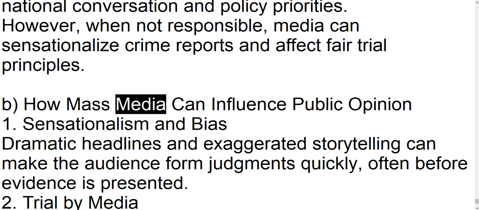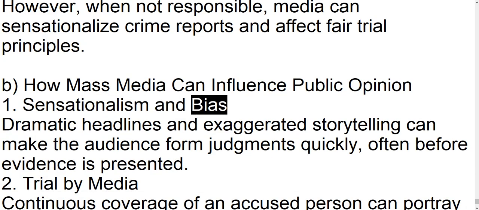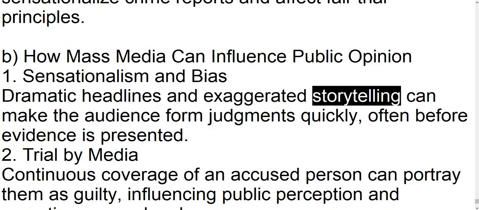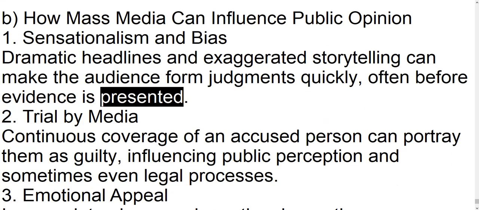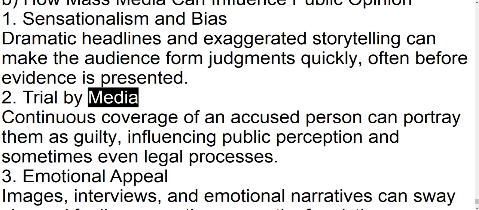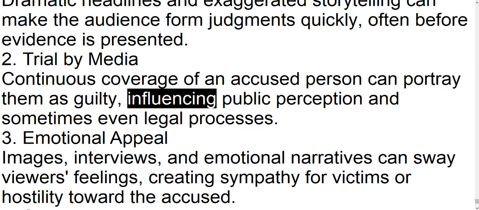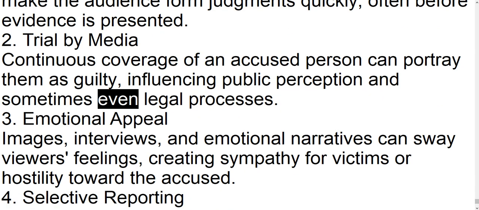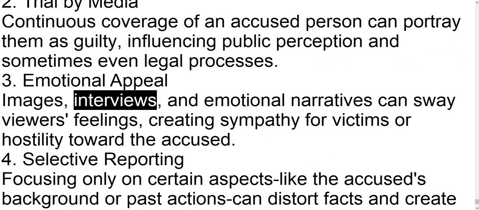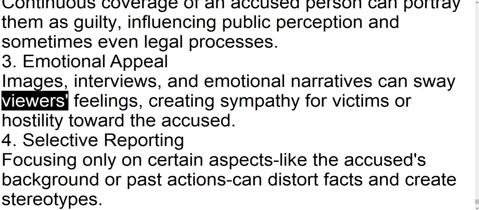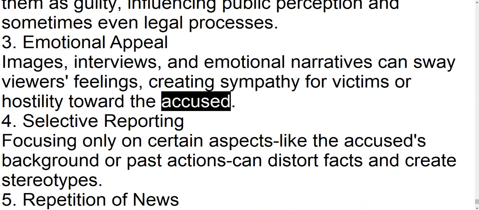B. How mass media can influence public opinion. 1. Sensationalism and bias. Dramatic headlines and exaggerated storytelling can make the audience form judgments quickly, often before evidence is presented. 2. Trial by media. Continuous coverage of an accused person can portray them as guilty, influencing public perception and sometimes even legal processes. 3. Emotional appeal. Images, interviews, and emotional narratives can sway viewers' feelings, creating sympathy for victims or hostility toward the accused. 4.